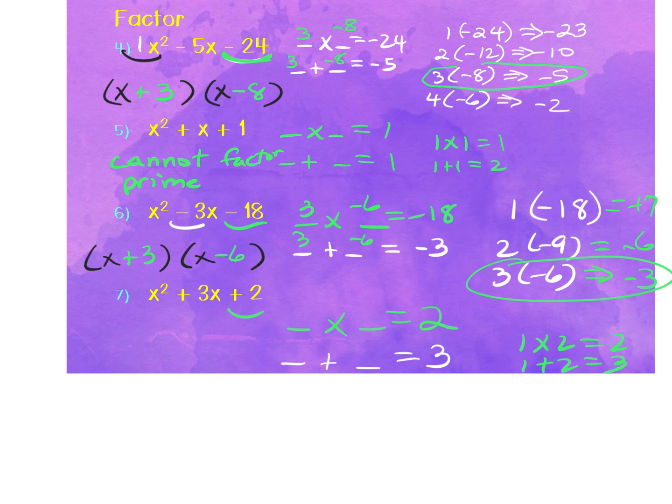So those factors are just going to be x plus 1 and x plus 2. And again, remember, you can always FOIL it to double check your answers. When you take this quiz next week, I highly recommend that you multiply it back and FOIL it.